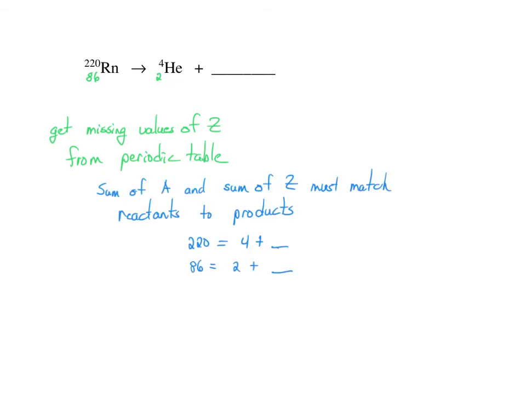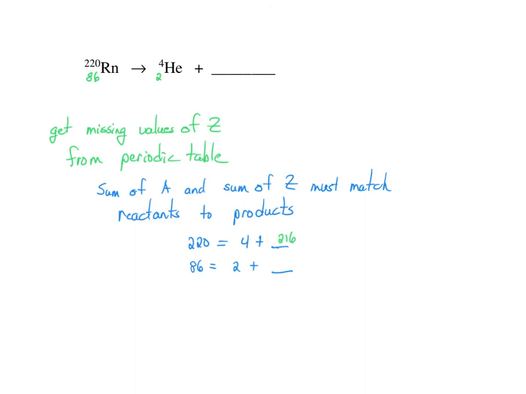So the sum of our mass numbers, these preceding superscripts, has to be the same reactants to products. So we have 220 is equal to 4 plus some unknown value, so that must be 216. Now for the preceding subscripts, the atomic numbers, 86 has to equal 2 plus some unknown value.